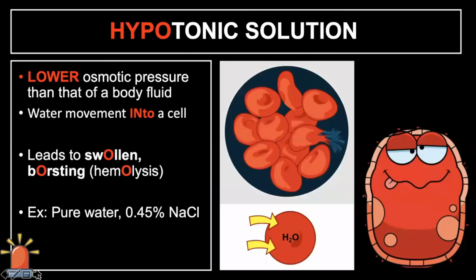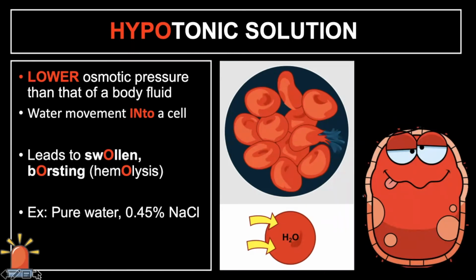Next, we have a hypotonic solution. A hypotonic solution is different from the isotonic solution. Paano? A hypotonic solution has a lower osmotic pressure than that of the body fluid, and then there is a water movement into the cell.